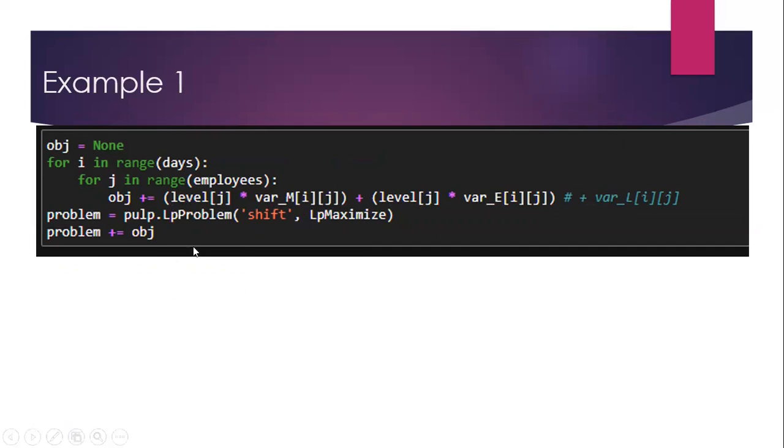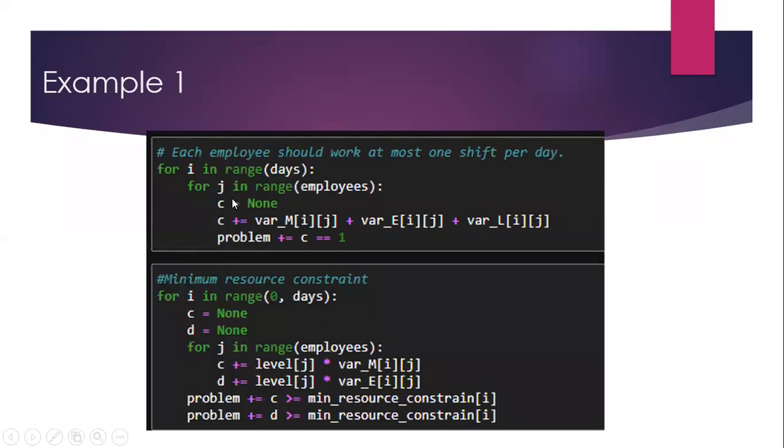So this is the maximization problem. Then the first constraint is that each employee should work at most one shift per day. So the employee should be in either of these situations: he can be in the morning or evening or on leave.